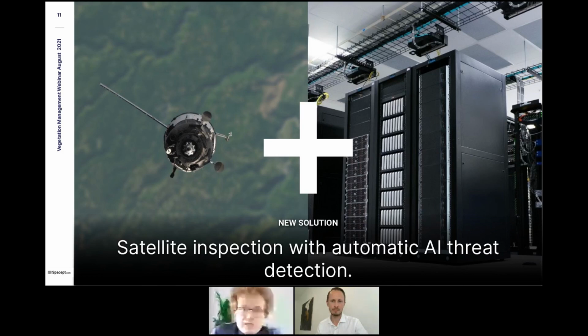So our technology goes beyond just detection of potentially risky areas that can cause fire. We can tackle most dangers to linear infrastructure, be it storms or floods, landslides, or unauthorized construction next to the line. All these can be inspected from space.